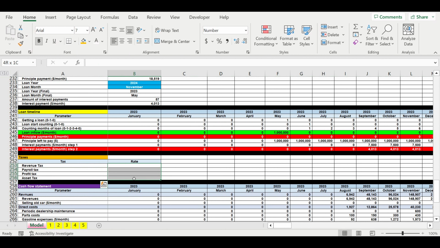Here I will put the rates. These will be the inputs.